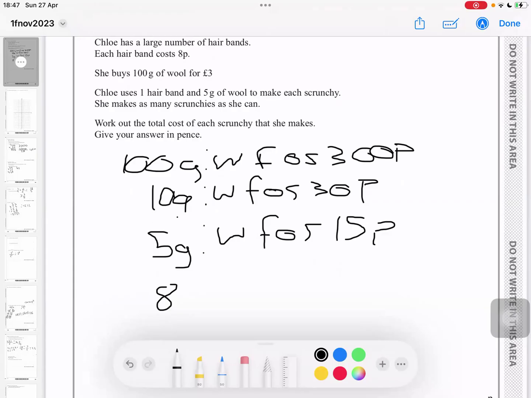Would I then do 8 plus 15? 8 plus 15. The 8p plus 15p. Did you say 8 plus 15? Yes.